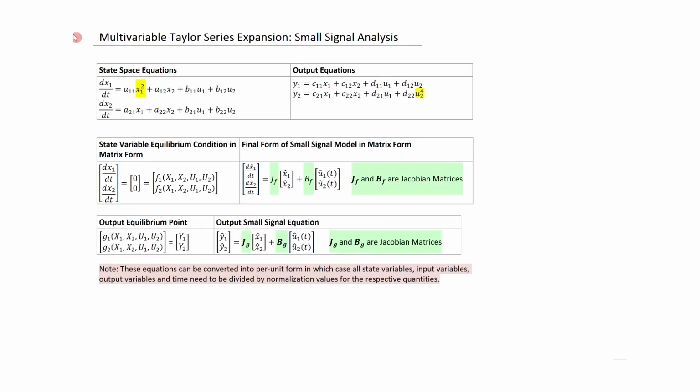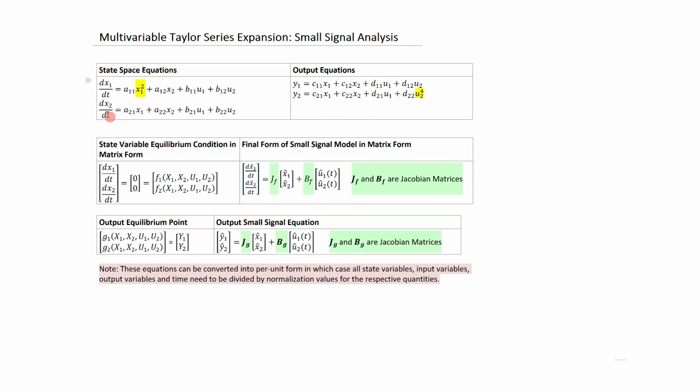All right, so the last thing we discussed in this section would be the multivariable Taylor series expansion as applied to small signal analysis. We showed that for any system, we typically have equations that define the operation of the system as a whole. We have state space equations, which involve state variables, which are the ones tied to the derivatives that you see on the left.